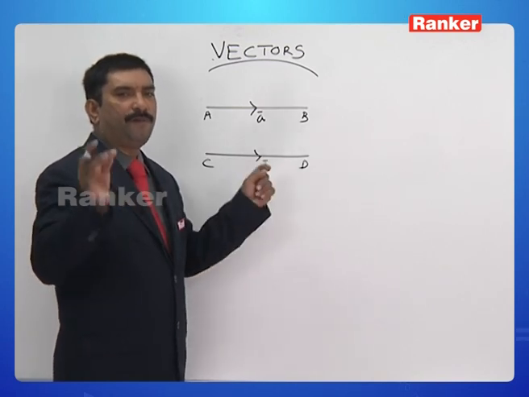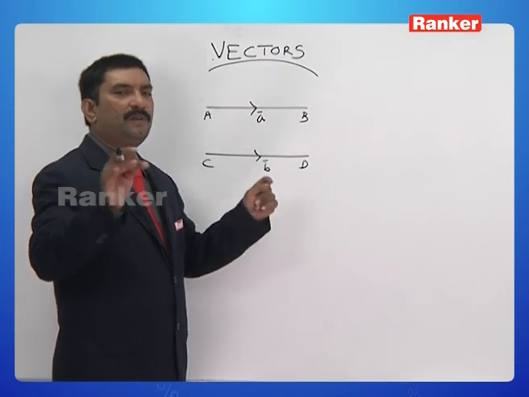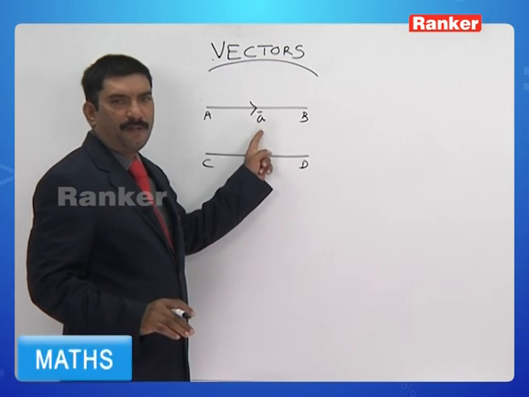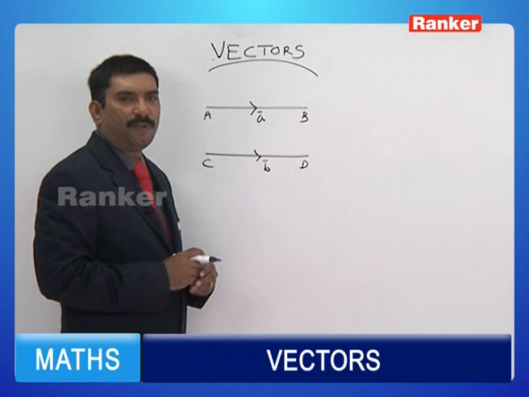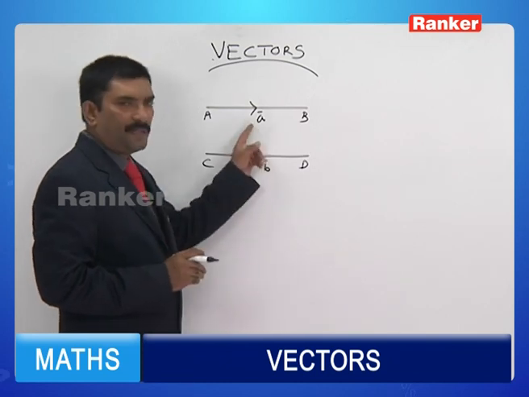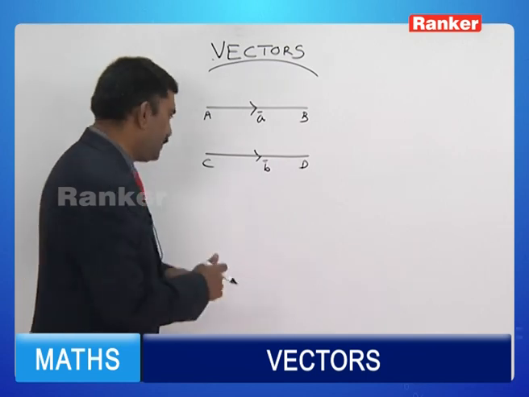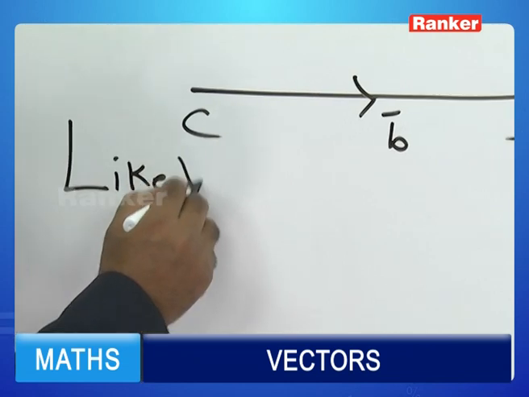I am focusing only on the direction. If A bar and B bar are two vectors having the same direction, then we call such vectors like vectors.